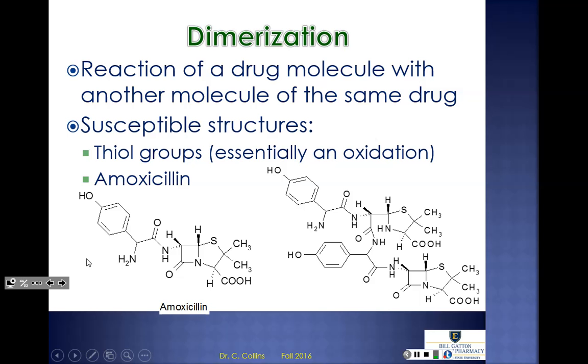Maybe thiol groups; amoxicillin is one that does that. So if it's in solution, it's not just oxidation we're concerned about here, but it reacting with itself. So if you put some antioxidants in it, it might help prevent that, or there may be some other ingredients included to limit the ability of the drug to react with itself.